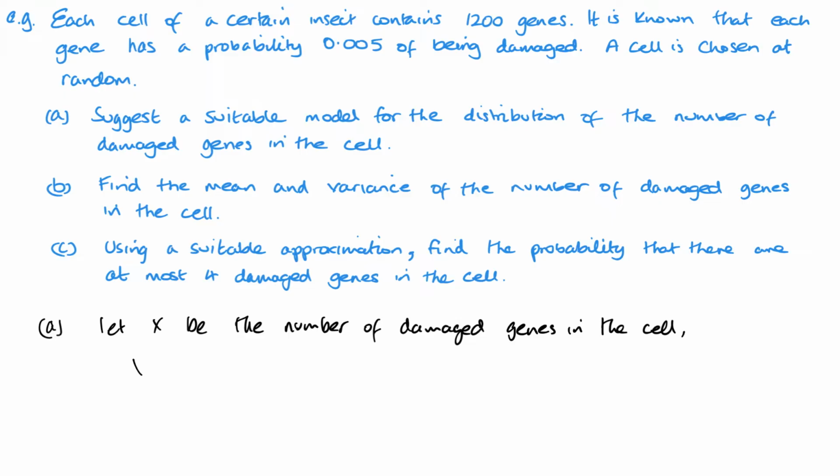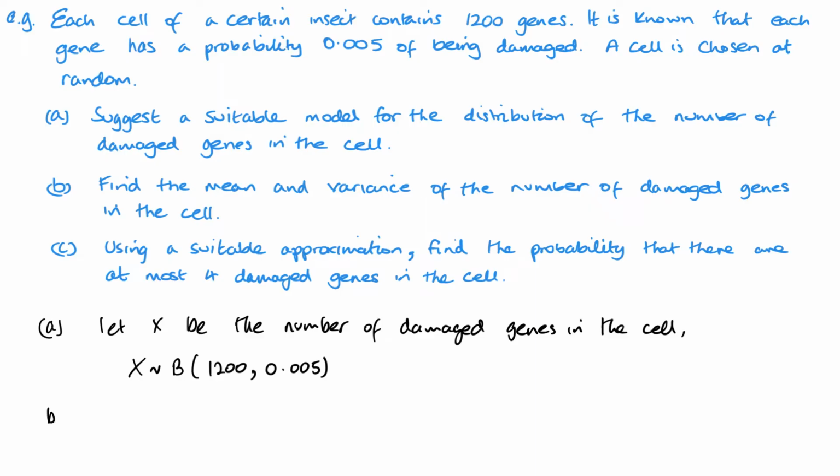Okay, and we're looking at, as I said, binomial. So X is distributed binomial, N is 1200 and P is 0.005. So it's just a matter of taking this from the question and then writing down your distribution.